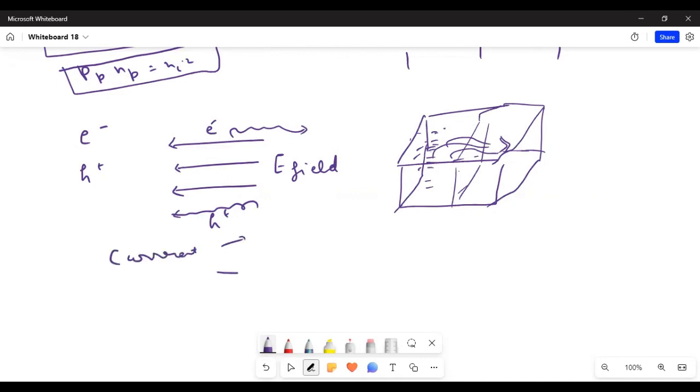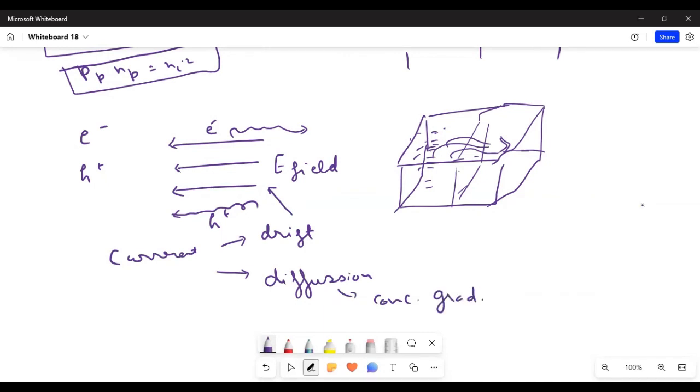So for the current, we basically have two types or two mechanisms. One is drift, which is due to the electric field, and one is diffusion, which is due to a concentration gradient.